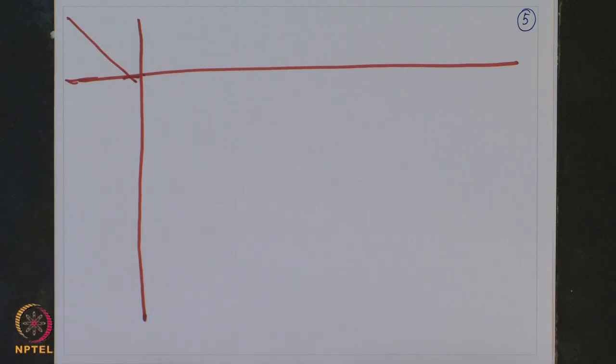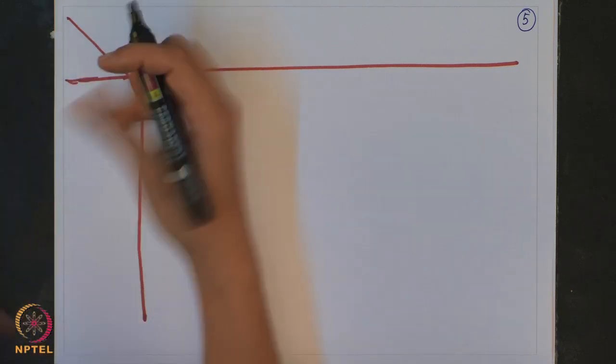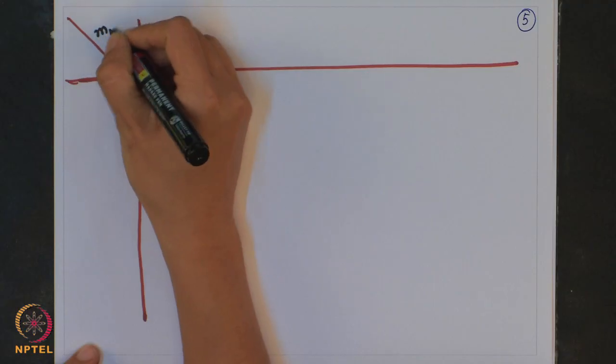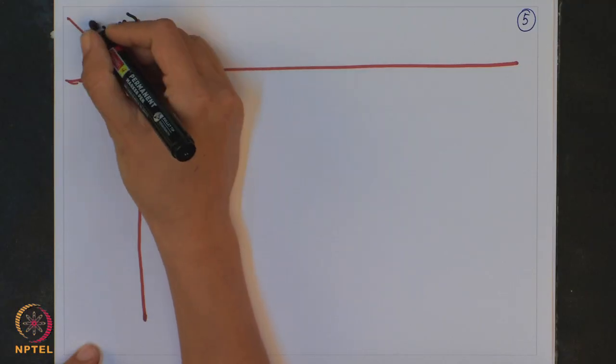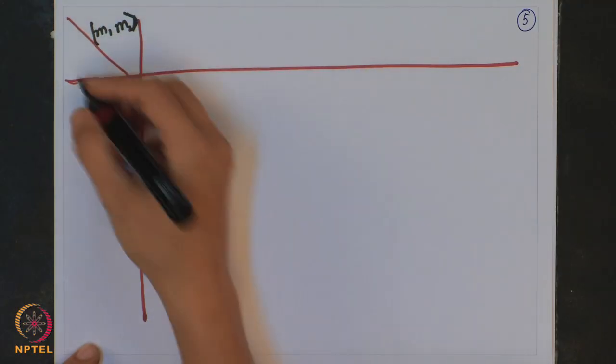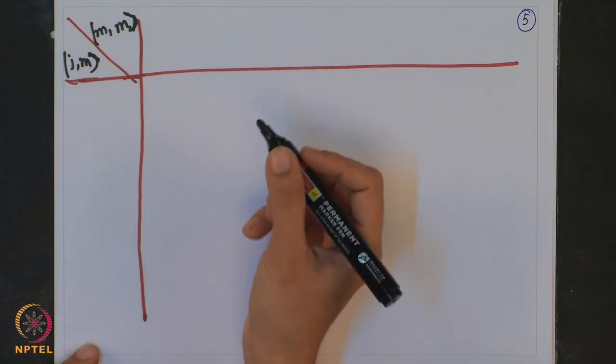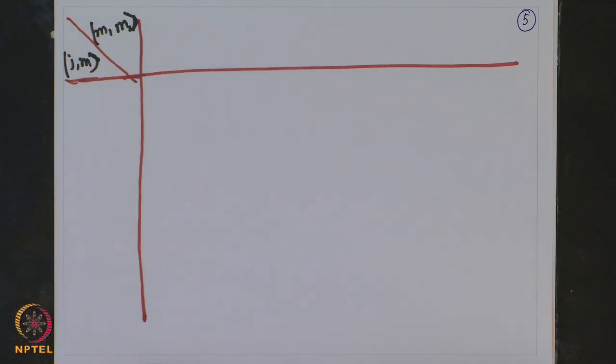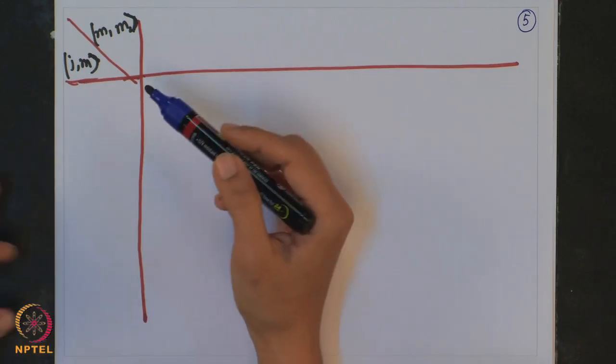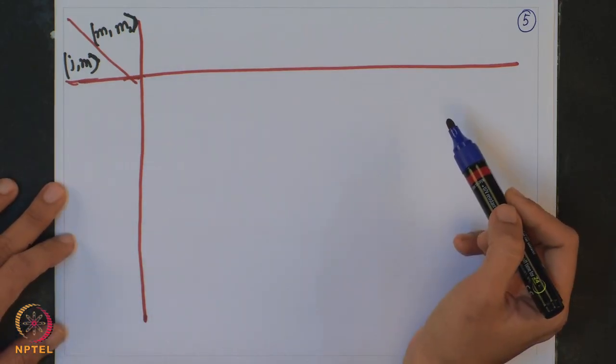So, this will be M1, M2. These are the reducible states and J M are the irreducible states. And corresponding to these states, we will have to write the corresponding coefficients.